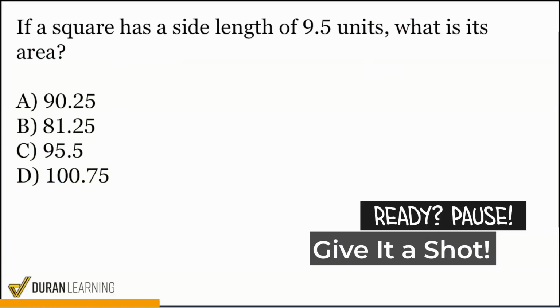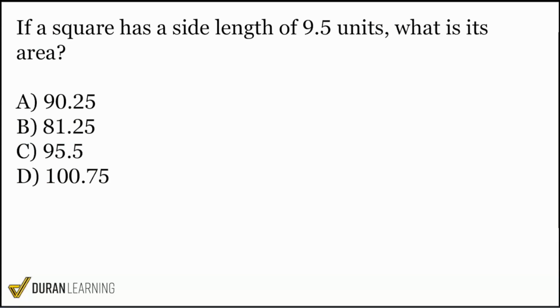All right, next one up, everybody. So as always, read that question sentence. We have the grace here of looking at just one sentence as the entire problem, so no worries. But here's what we're doing. We see that we're given a square, we have its side length, and we want to know its area. The only thing that's really going to be intimidating about this question is probably the decimal.